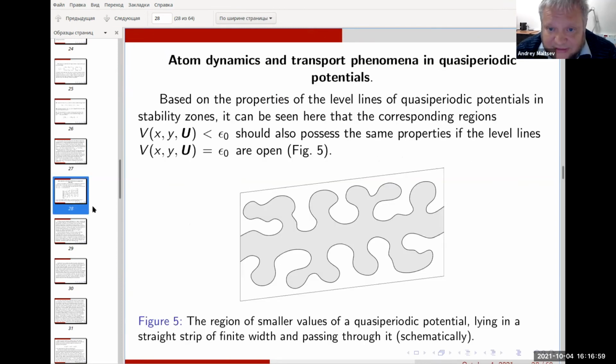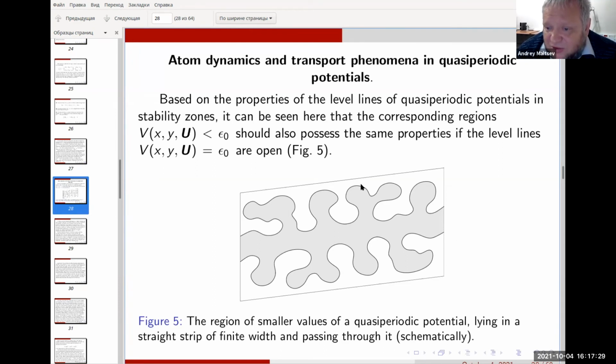So now, what we would like to do is to study the geometry of the level lines of our potentials using the study of transport phenomena of non-interacting atoms in such potentials. From this point of view, we can first say that the geometry of accessibility regions for atoms is very close to the geometry of level lines.